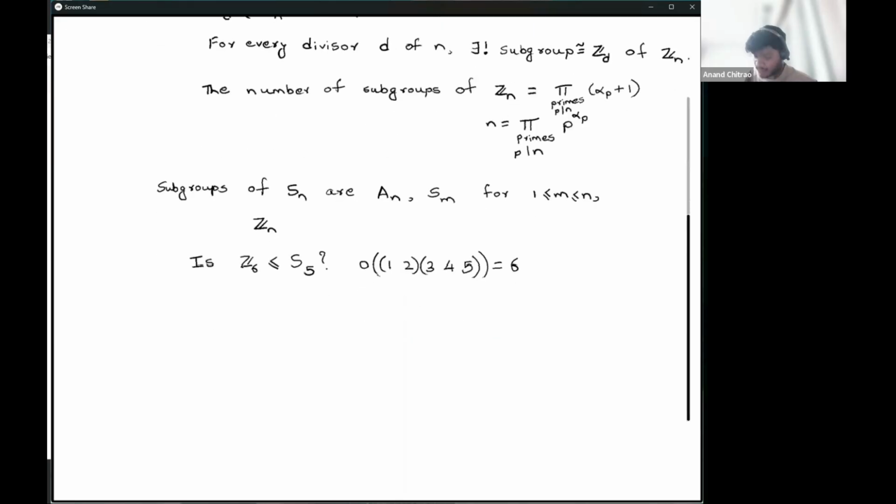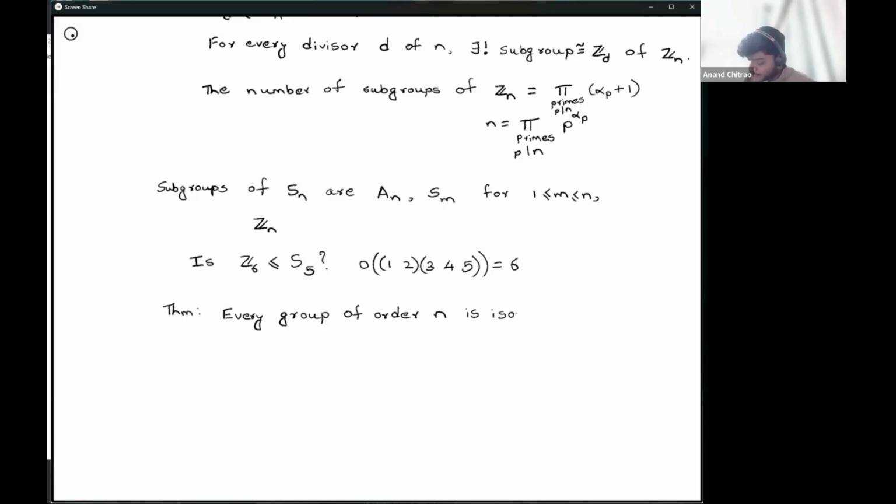Now let me give you a theorem. Every group of order n is isomorphic to a subgroup of Sn.